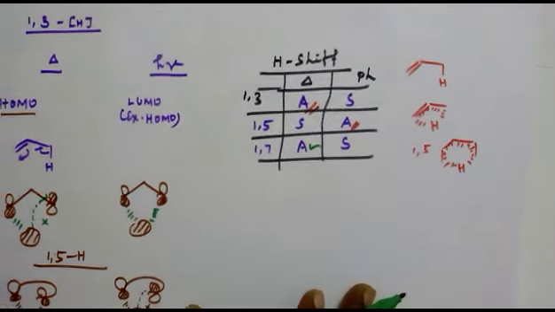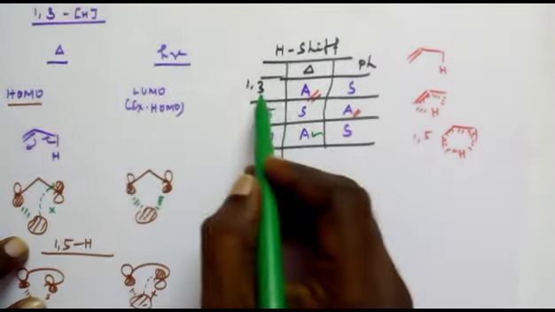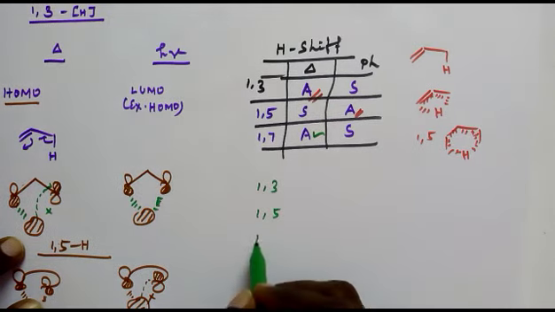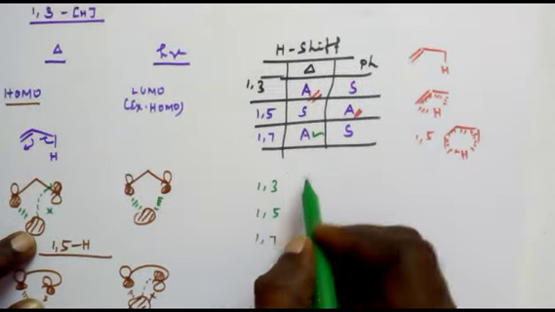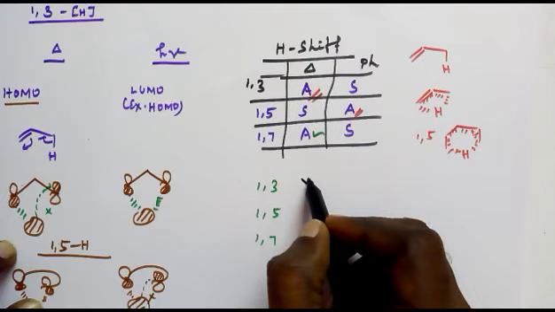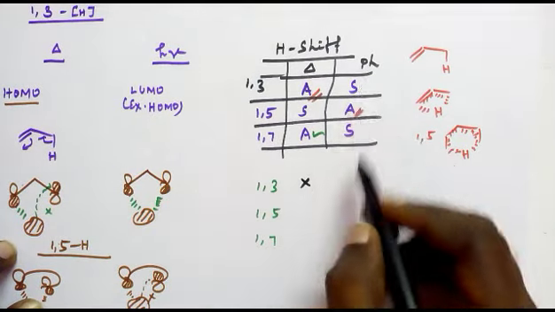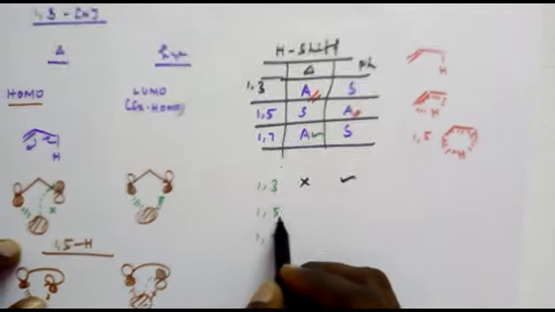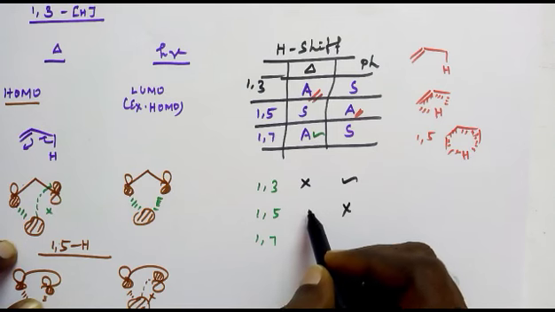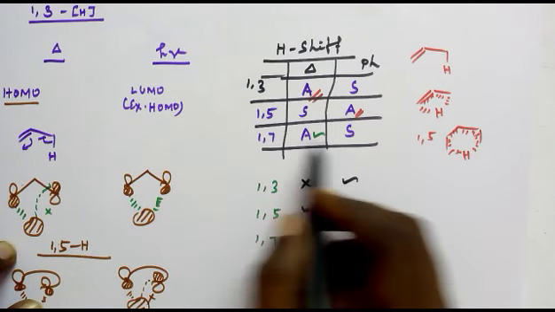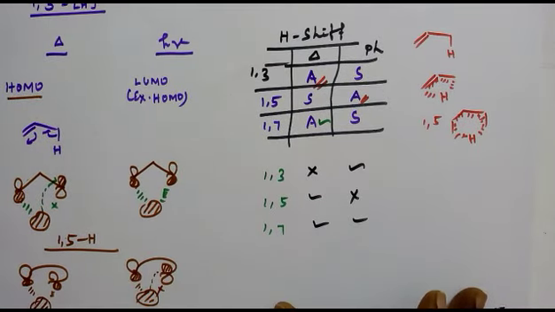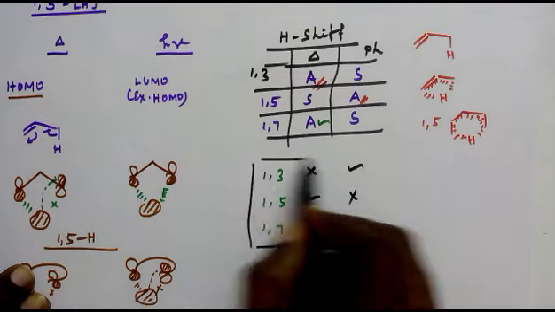In summary, for 1,3, 1,5, 1,7 hydrogen shift: 1,3 is thermally forbidden because it is antarafacial, photochemically possible because it is suprafacial. In the same way, 1,5 is photochemically forbidden, thermally allowed, whereas 1,7 is possible both thermally and photochemically. This is the essence of this discussion.